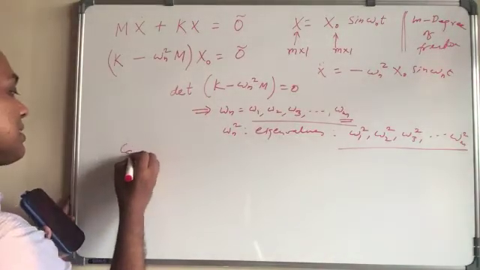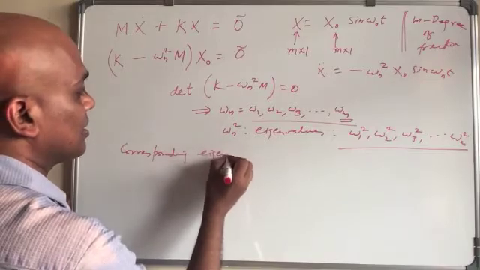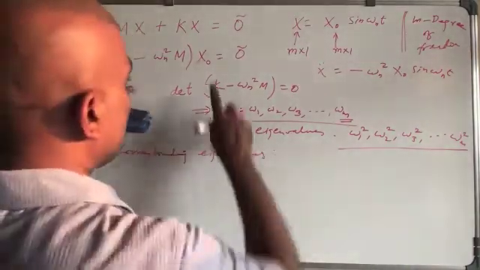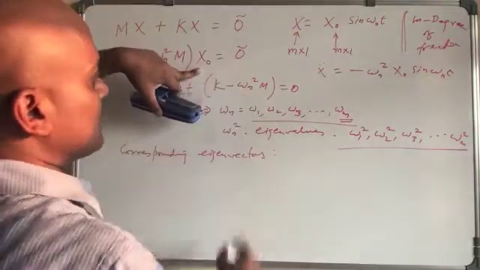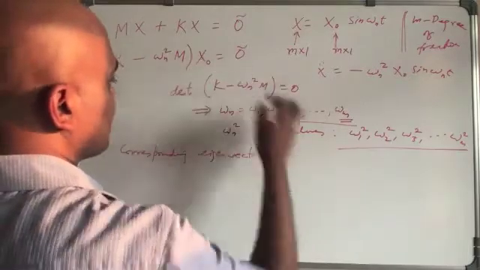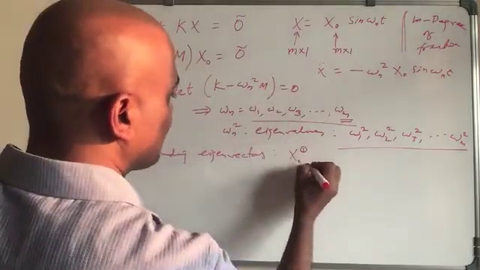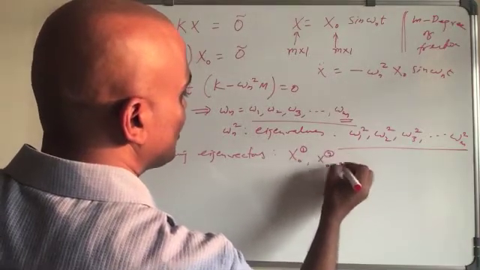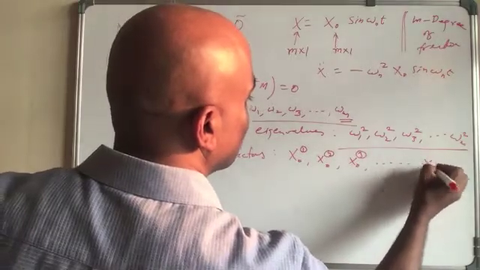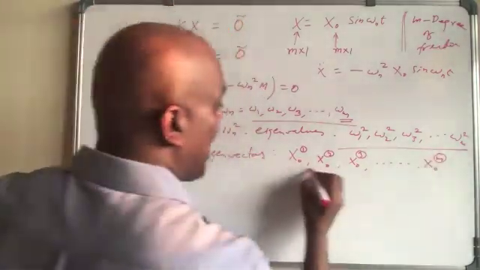The corresponding eigenvectors will come from the x naught values, right? So we will have x naught 1, x naught 2, x naught 3, and so on, till x naught m. So this is the eigenvector.